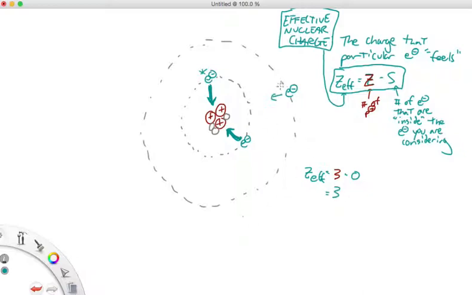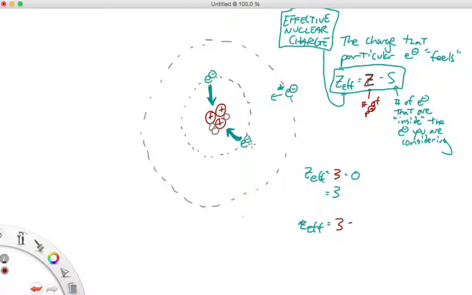Now let's take a look at this electron outside. Let's erase this little star. Great. So now this effective nuclear charge for this guy over here. Now the number of protons has stayed the same. 3. How many electrons are inside this electron that we're considering? There are 2 inside, inner to this electron.